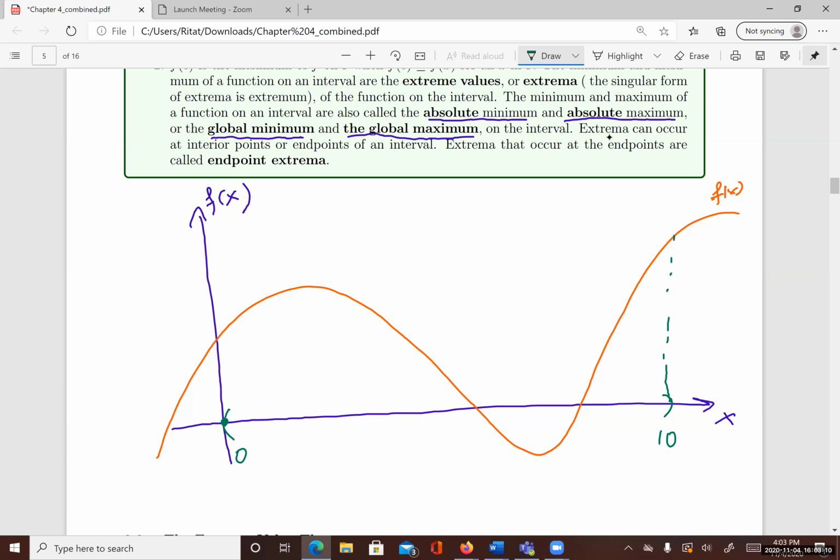Now we look at this function and ask which value is the absolute maximum and which value is the absolute minimum value of this function?